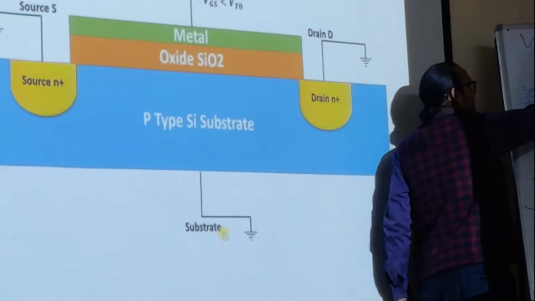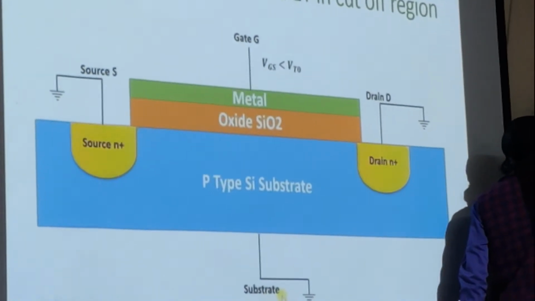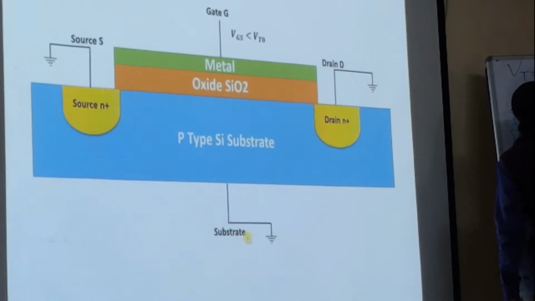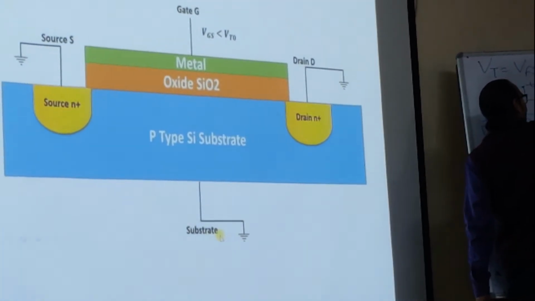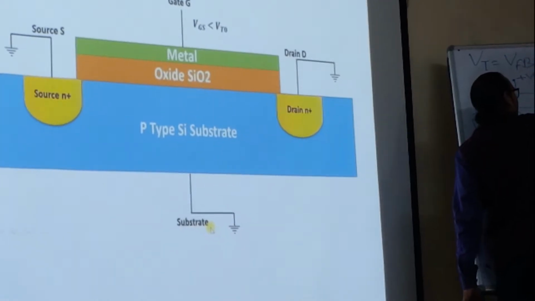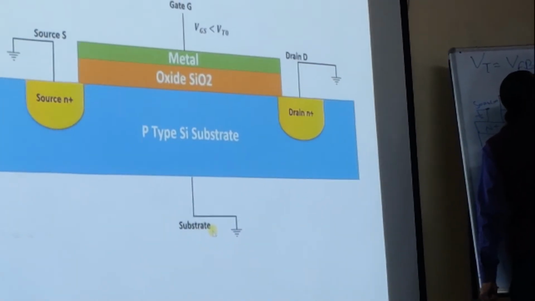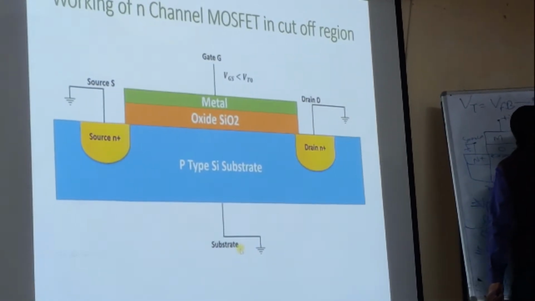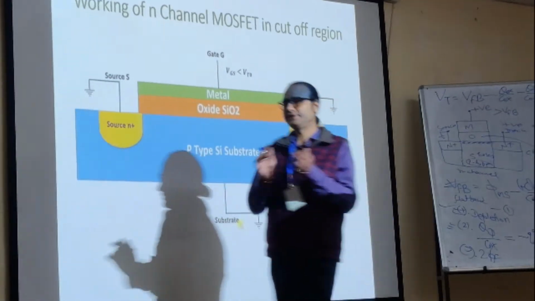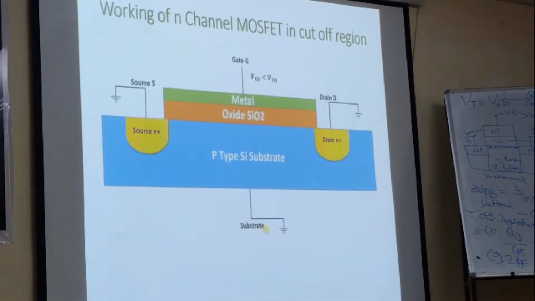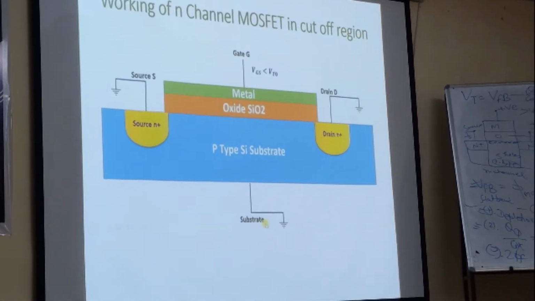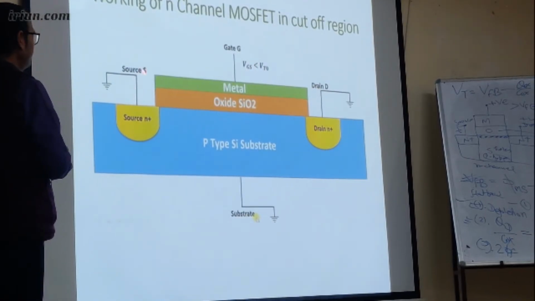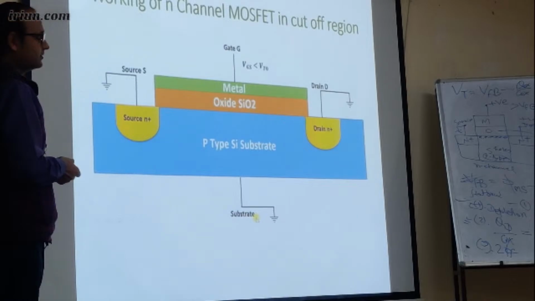It would be flat band plus minus Q oxide charges, minus Q depletion charges by oxide capacitance, plus twice phi f. If this much voltage is not there, that is cut off, right? So this is very clear that it is under cut off, irrespective of the drain and source voltages.